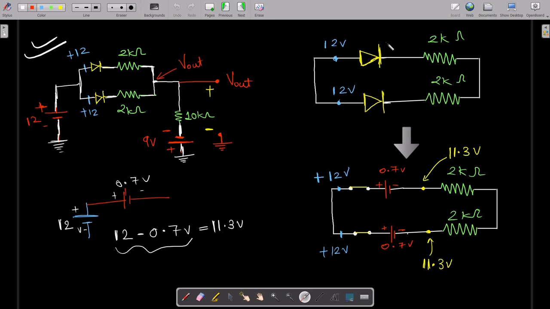And we saw that the diode is in forward bias, so we replaced this particular diode with the diode model. This 0.7 volt is opposing this 12 volts, which means at the end we are getting 11.3 volts. So this is what I showed you, that at the end we are getting 11.3 volts.